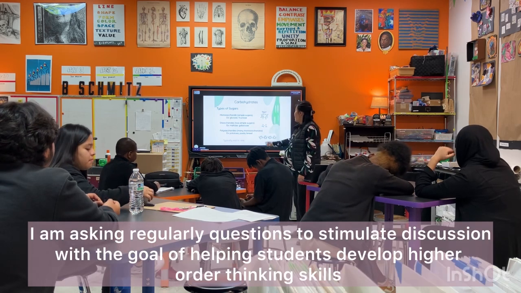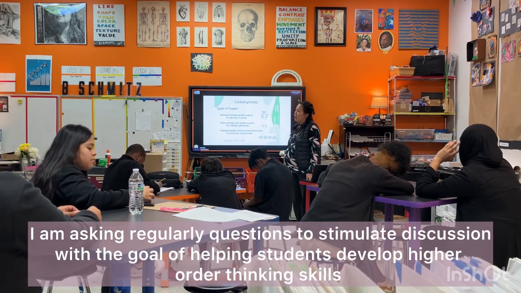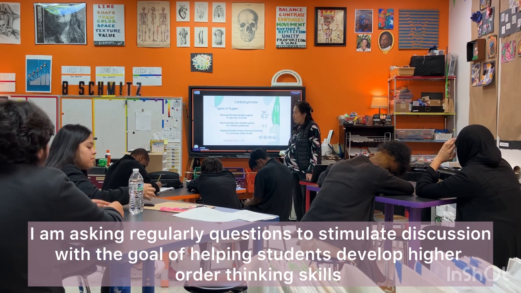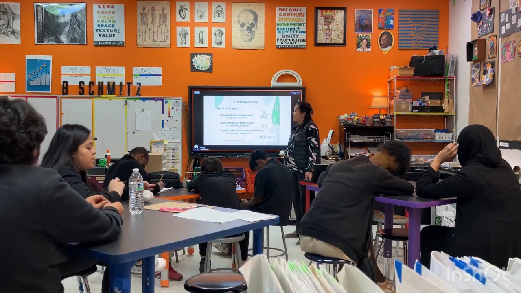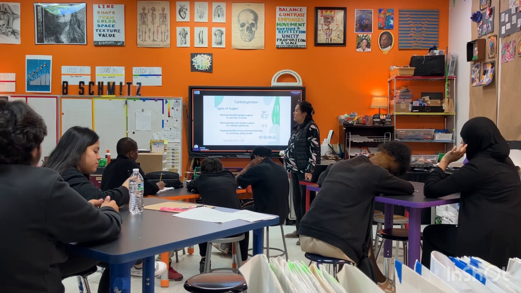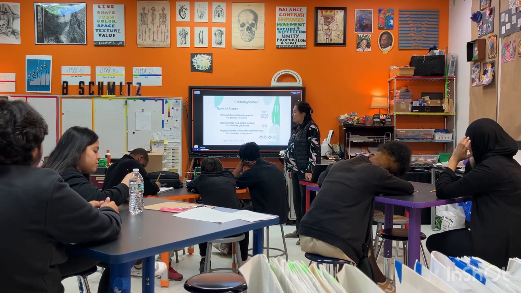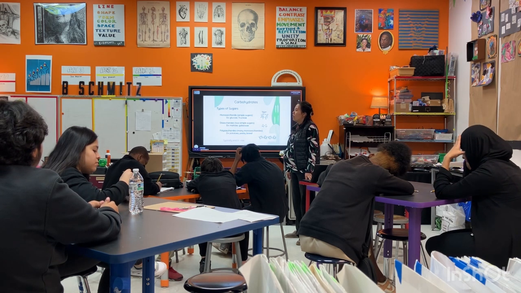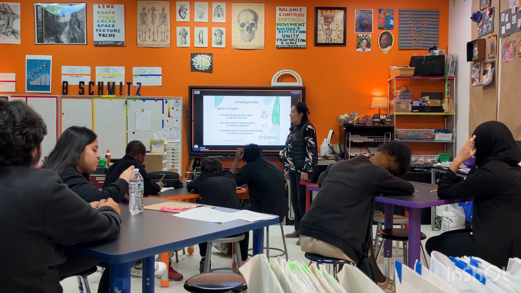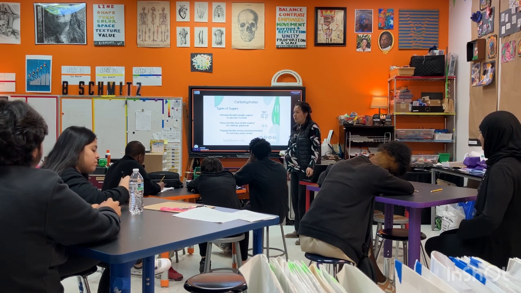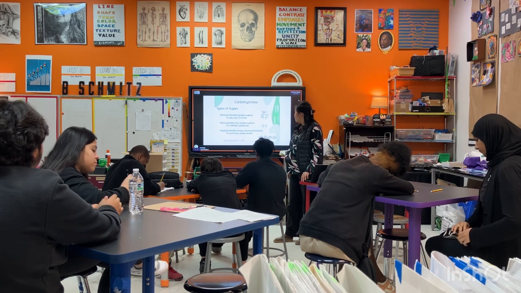So they classify into 3 groups. Monosaccharides, disaccharides, and polysaccharides. Okay, give me examples. Monosaccharides are glucose and fructose. Disaccharides. Di means 2. Disaccharides, lactose and galactose.